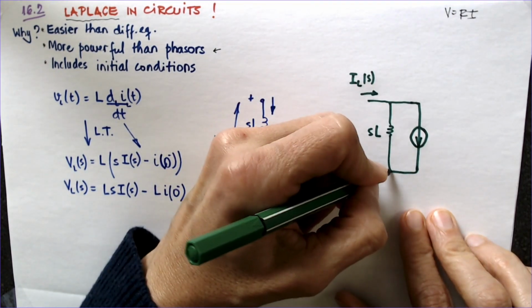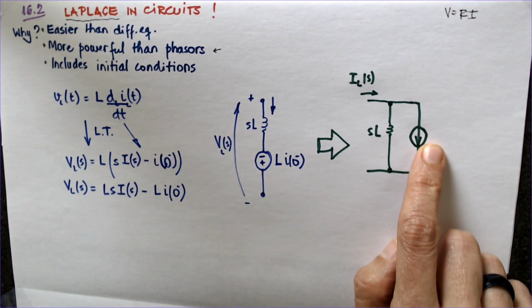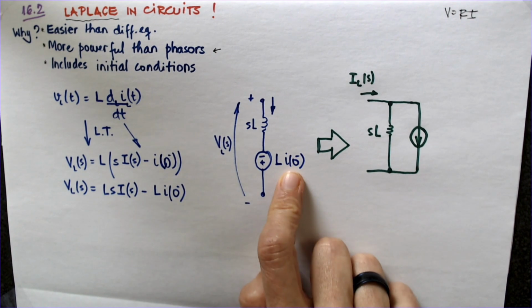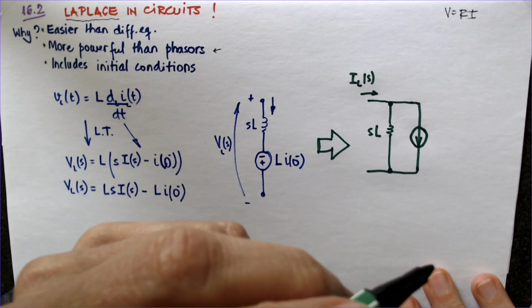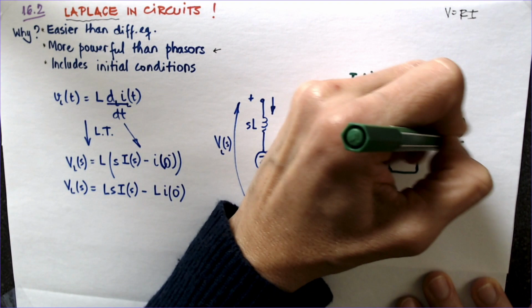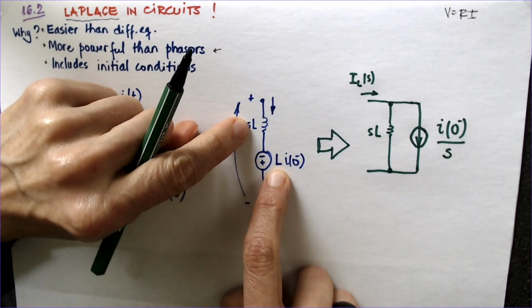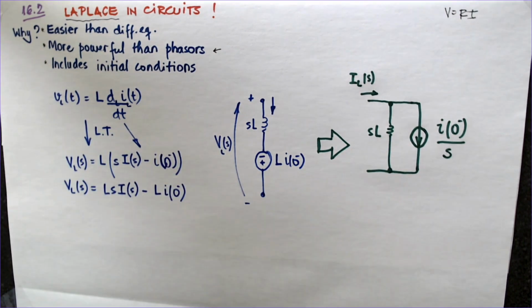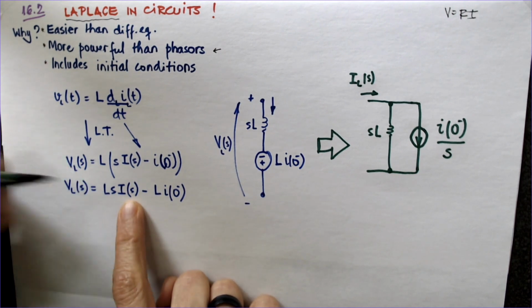And I'm going to draw a current supply. And now the direction of that current supply is going to go down. The arrow is in line with the plus on the voltage supply, and the current will be the voltage L I of 0 divided by SL. So it's going to be I of 0 divided by S. These two circuits are equivalent.